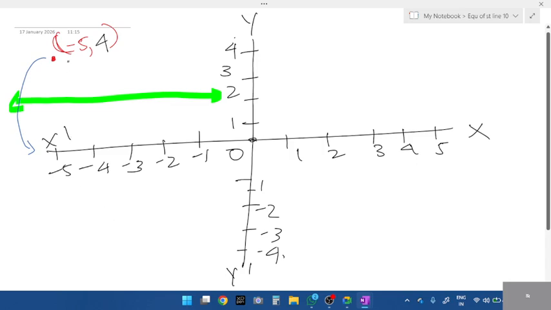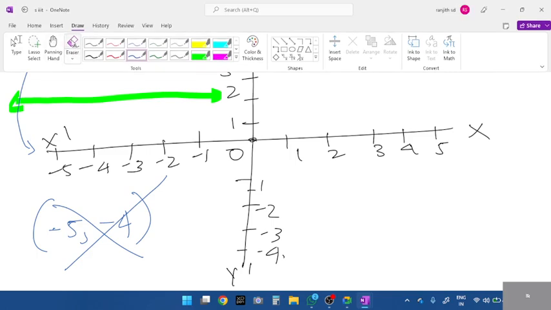You might think, if I place a mirror here, the reflection happens in the third quadrant, and you'll write minus 5 comma minus 4, because in the third quadrant both are negative. We'll mark it like this, but this is wrong, because the mirror is not on axis, students. It is in the quadrant.